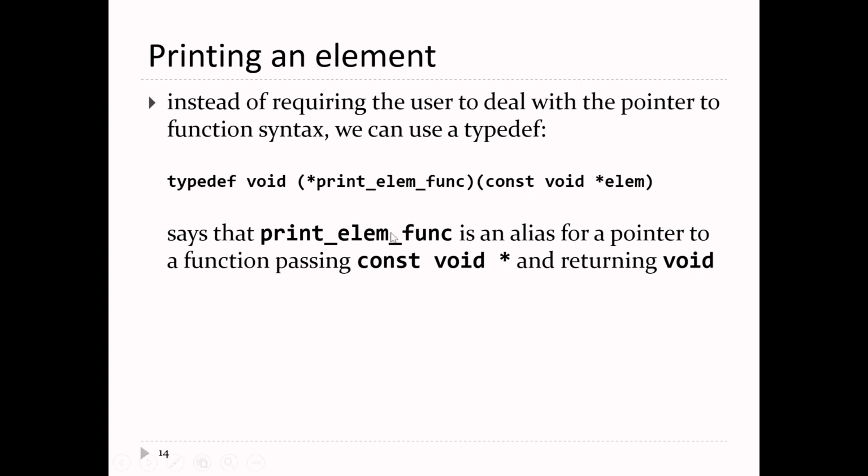That statement simply says that print_elem_func is an alias for a pointer to a function passing const void star and returning void. And now when the user of your stack class needs to define a pointer to such a function, they can write print_elem_func as the type instead of having to write void star blah round bracket const void star.